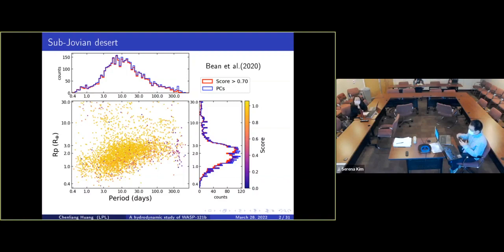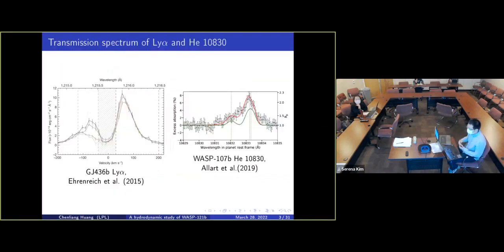So that's a key process we need to model in the upper atmosphere model. So there is a specific need to study the photoevaporation process. Okay, and so recently, probably because of the data diversity, there's much more focus on the molecular features in the lower atmosphere.